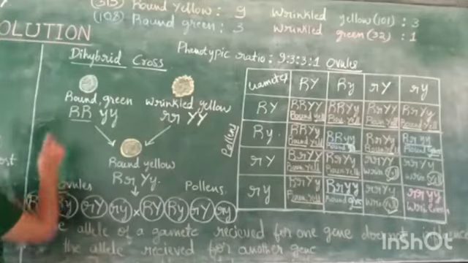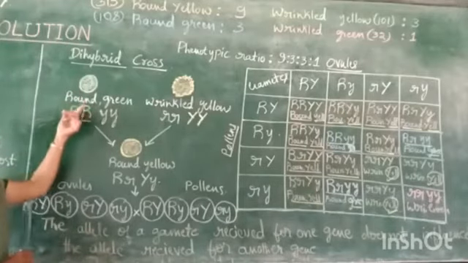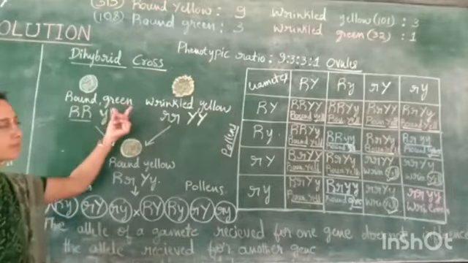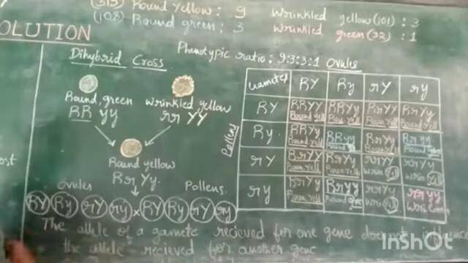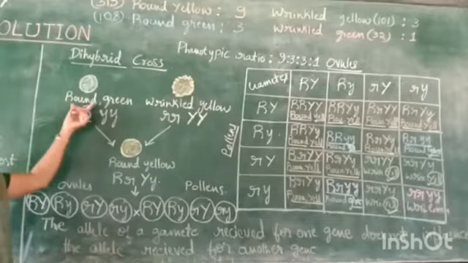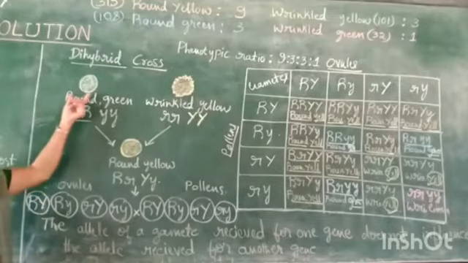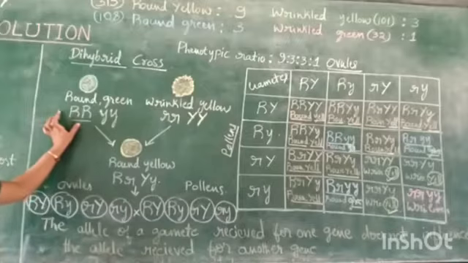Capital letter R denotes the round shape of the seed. Small y denotes the green color. Here I have written two types, which denotes that for any character there are two factors. Here in the round shape, it is called an allele. A pair of genes is called an allele.